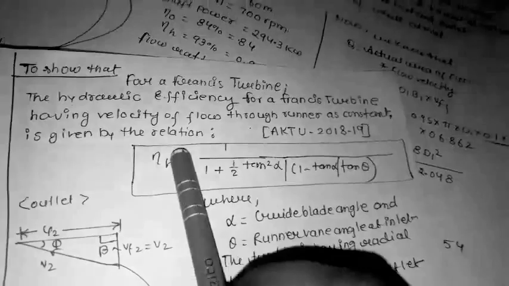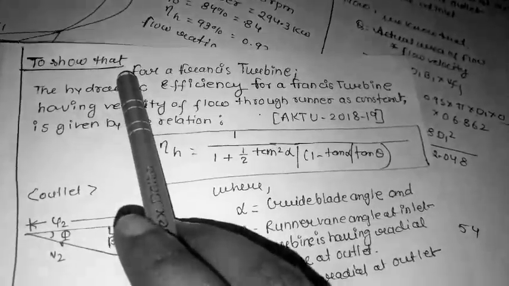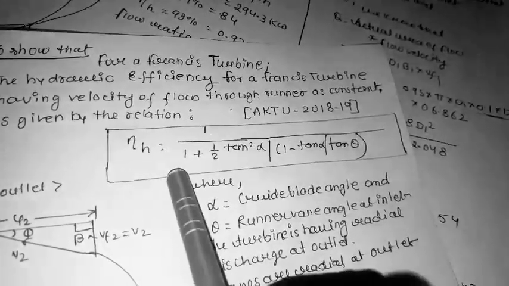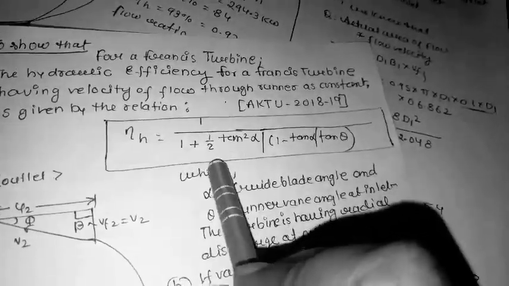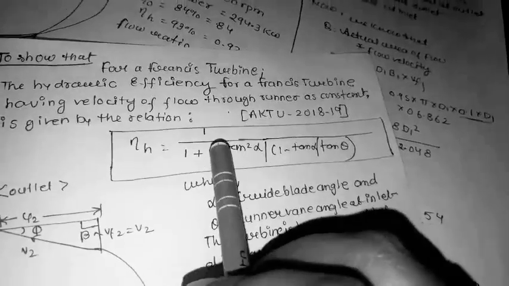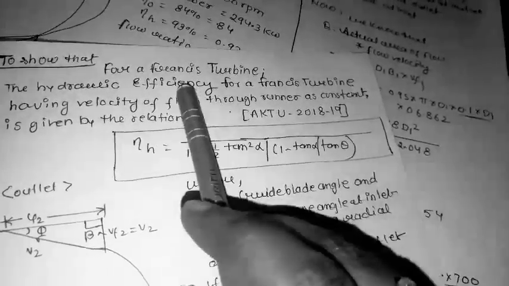In this lecture, you have to show some type of expressions, and this expression occurs only for the Francis turbine.